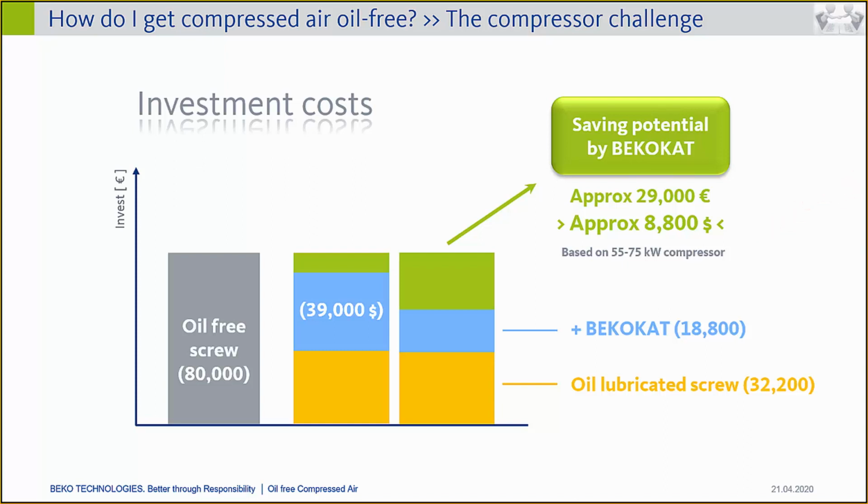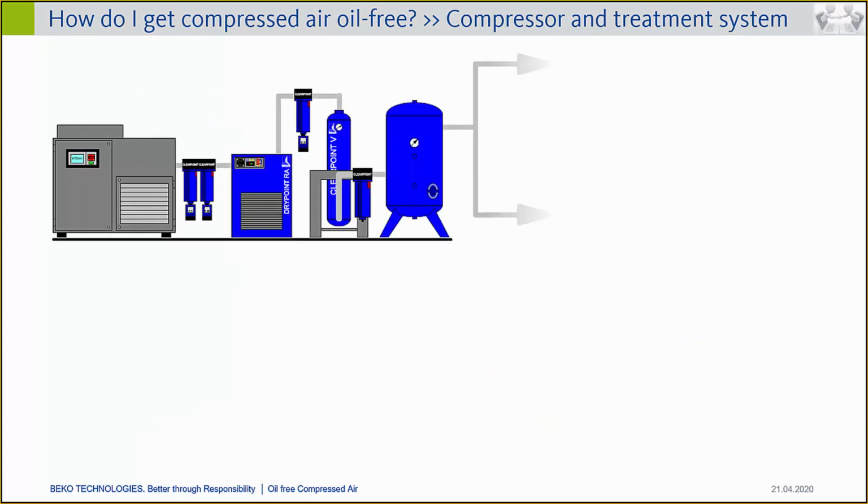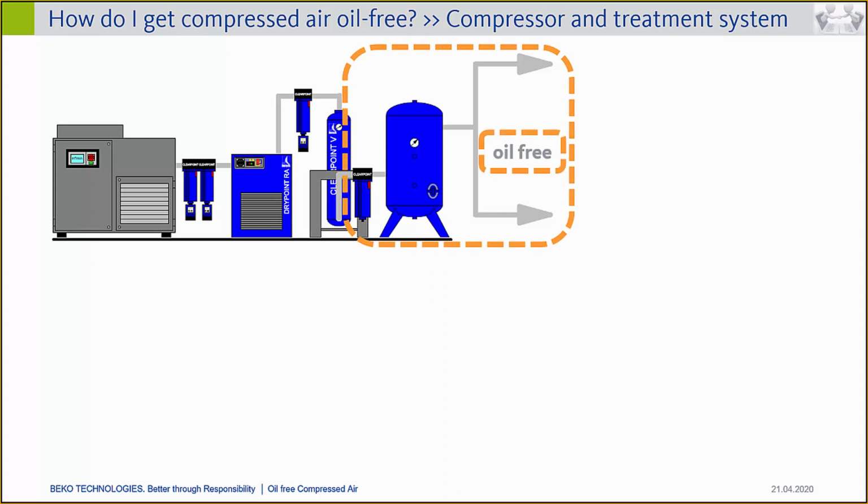So when we talk about these treatment systems, let's pick up two different examples. One is a typical, let's say, low budget solution for an oil-free compressed air system. All the components after the oil-free treatment need to be oil and grease free.